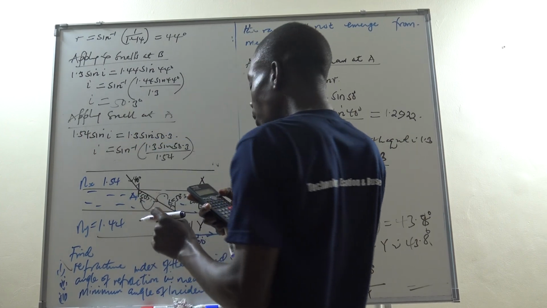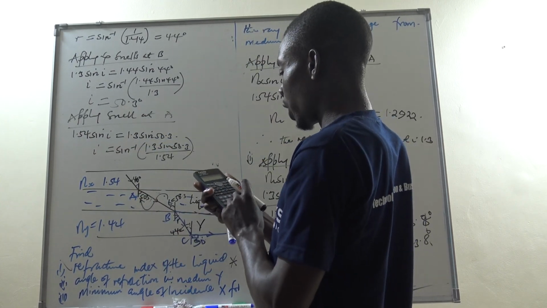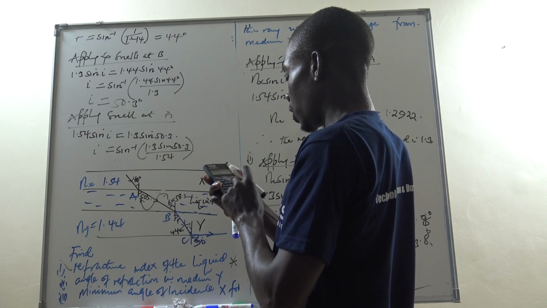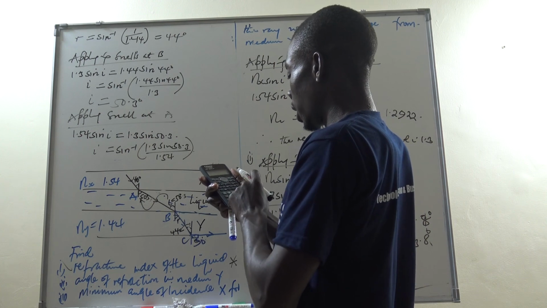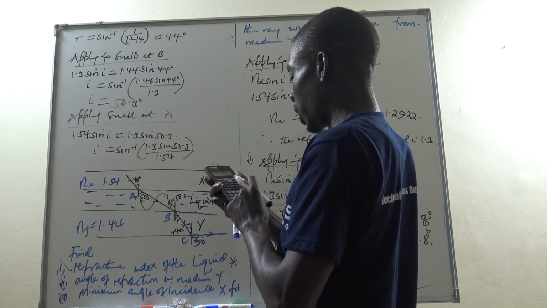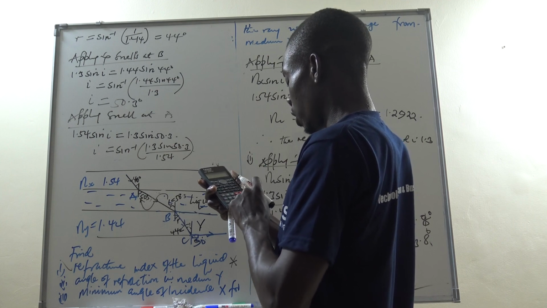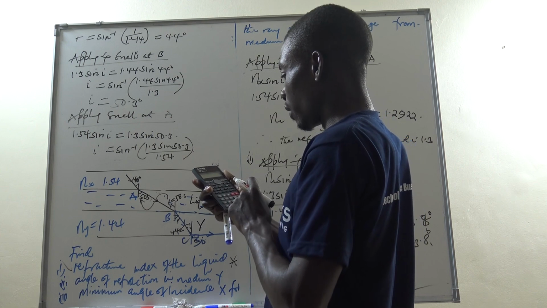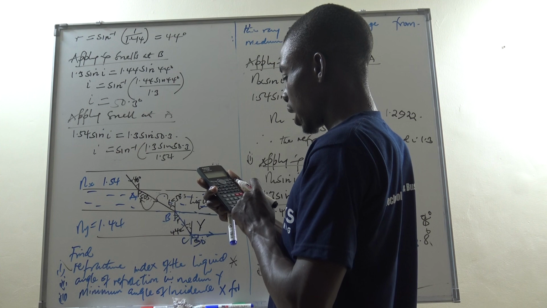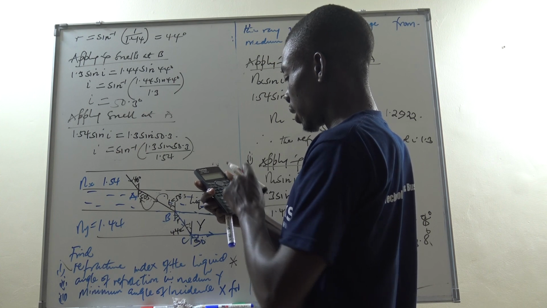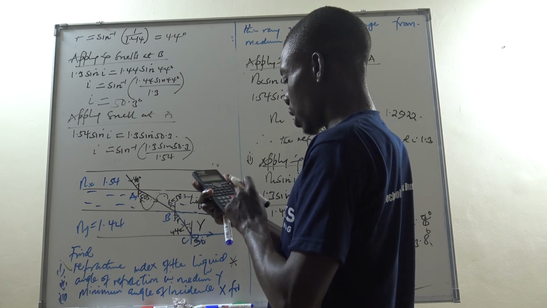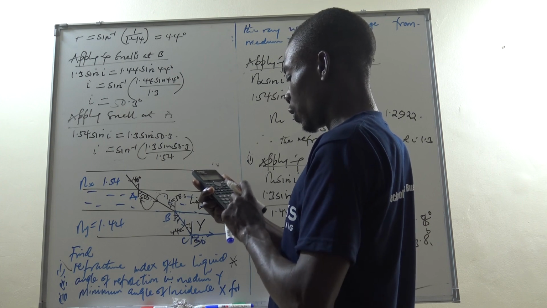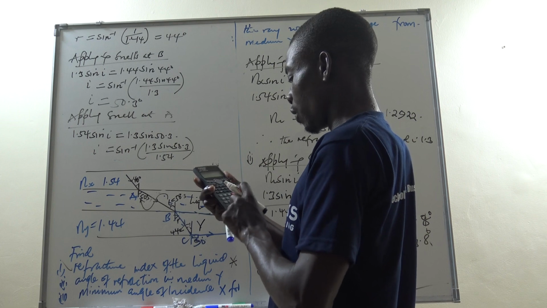And then you can say 1.3 times the sine 50.3, and then divide by 1.54. We are getting that, and then shift sine inverse of the answer. Please let me press again and say sine of 50.3.